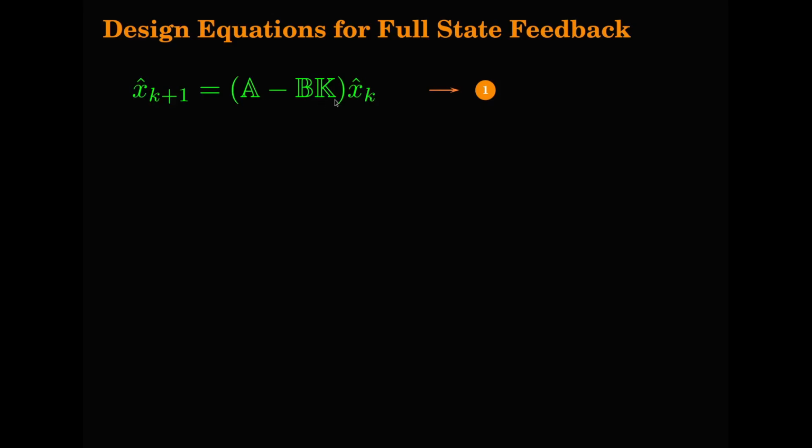The roots of the characteristic equation of this A - BK are actually the poles of the closed loop system, and they must lie within the unit circle.